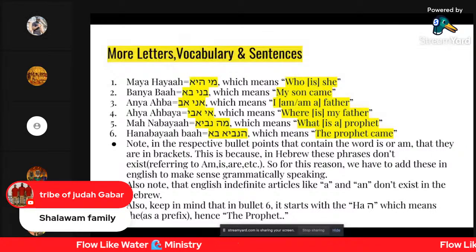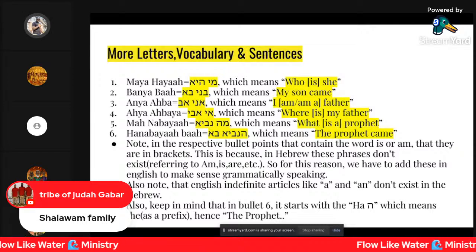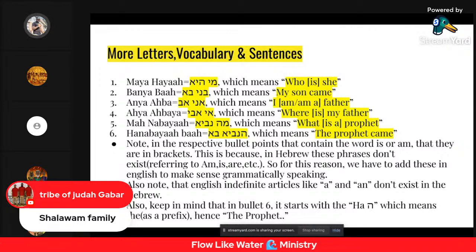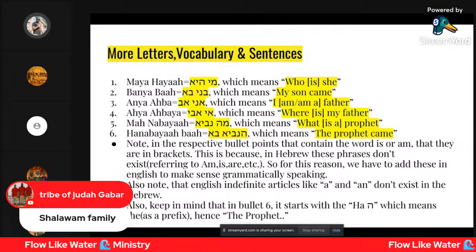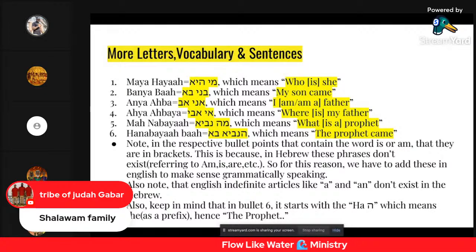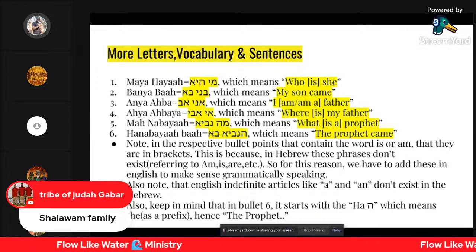Note, in the respective bullet points that contain the word is or am, that they are in brackets. This is because in Hebrew, these phrases don't exist, referring to am, is, are, etc. So for this reason, we have to add these in English to make sense grammatically speaking.